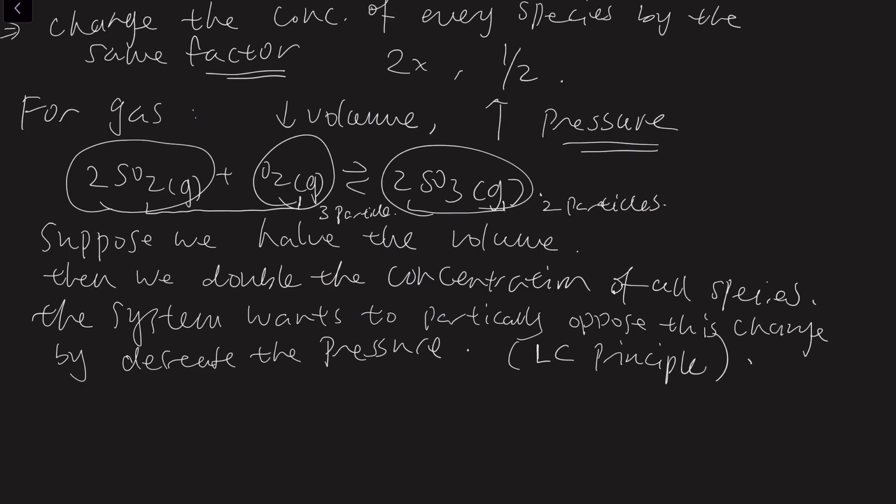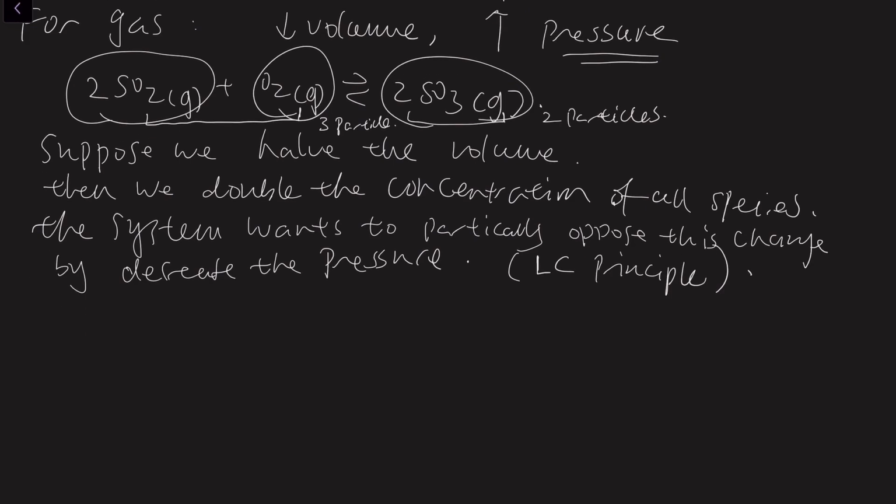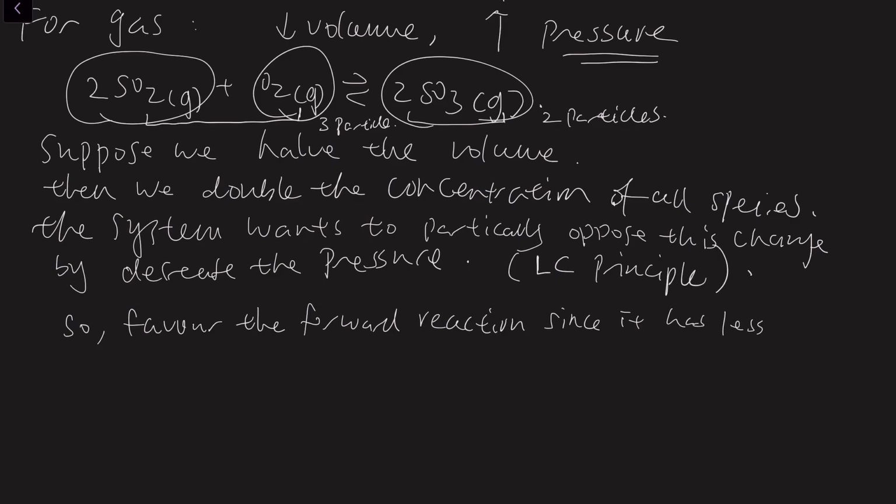So in order to decrease the pressure, we need to favor the forward reaction, since it has less particles. So whenever we want to decrease the pressure, we favor the side with less particles. In this case, we favor the product side because it has 2 particles. So that's how you answer this type of question.